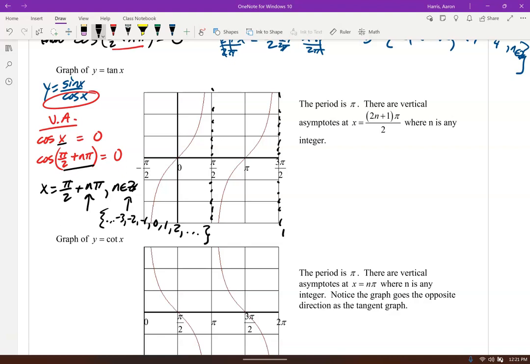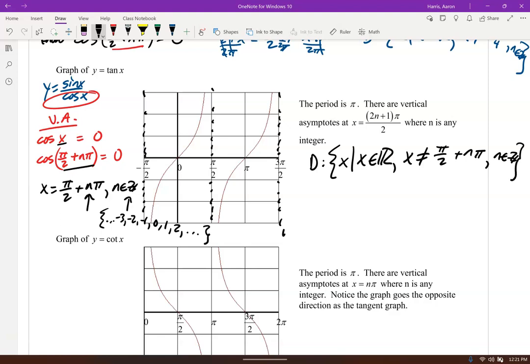There's our next one. If n is negative 1, I've got pi halves minus pi. That's negative pi halves. And so my domain, if I want to write the domain of my tangent, is all real numbers except for pi halves plus n pi, where n is an integer.